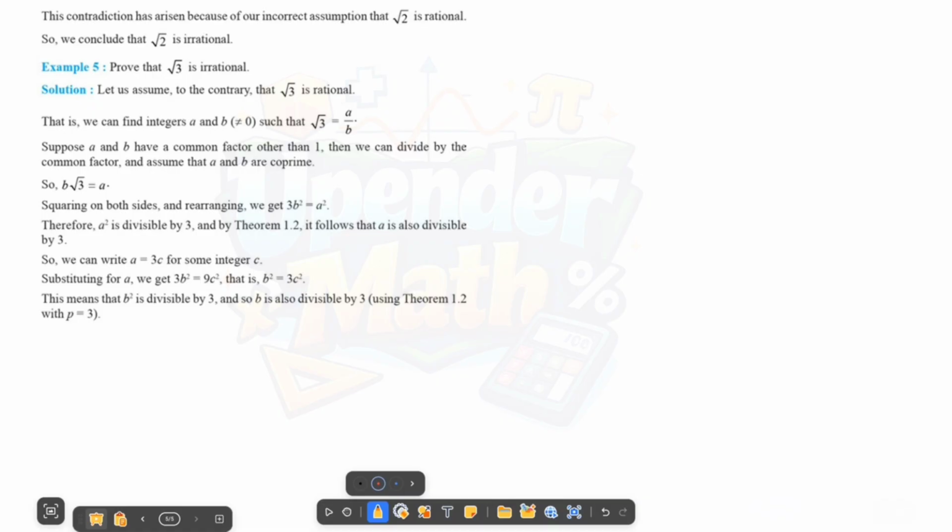Next, see example 5. Prove that root 3 is an irrational number. So the way we have proved that root 2 is irrational, the same way we have to prove root 3 is irrational.